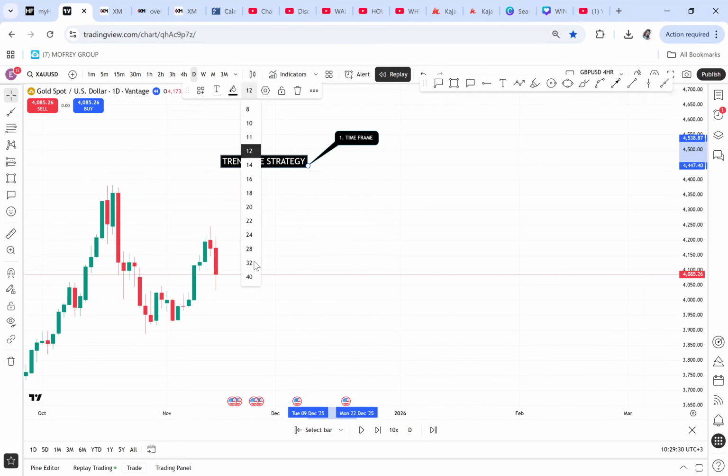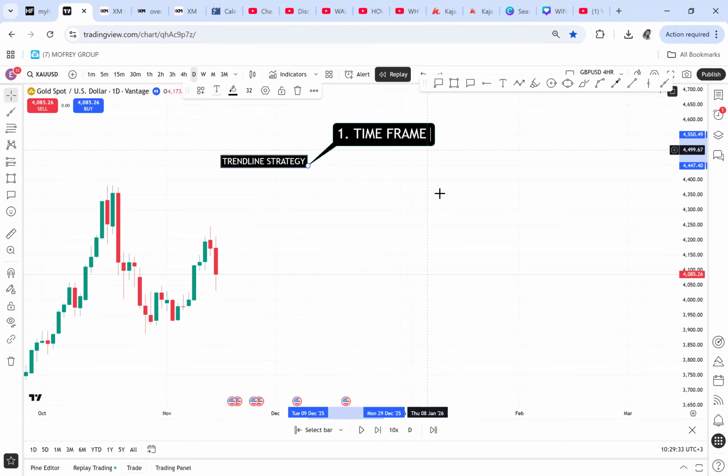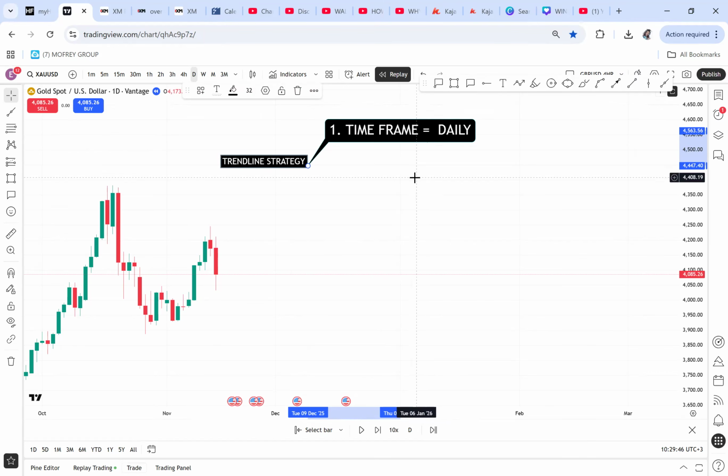You cannot start doing trend lines on 5 minutes and you don't know what is happening on the higher time frame. So for me, I like doing my first trend line on the daily, because I consider daily a higher time frame. You can use 2 hours, 4 hours, daily, but I don't want you to go directly to 5 minutes because you won't know the direction of the market.